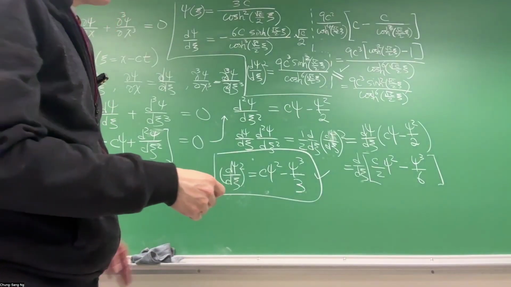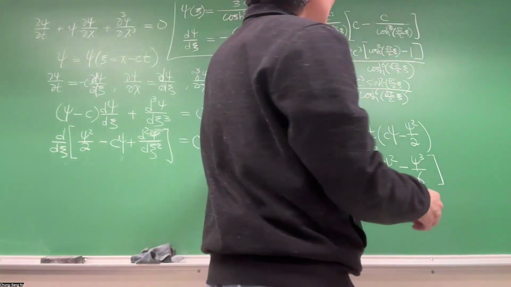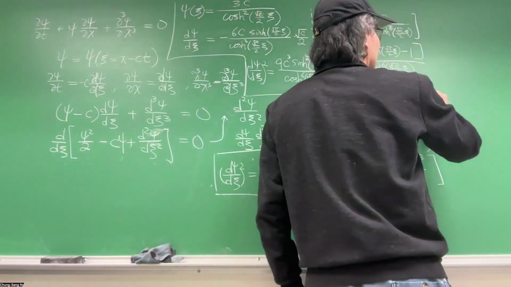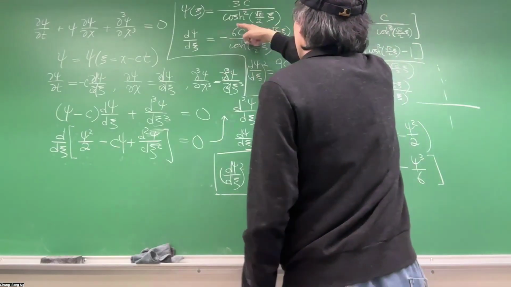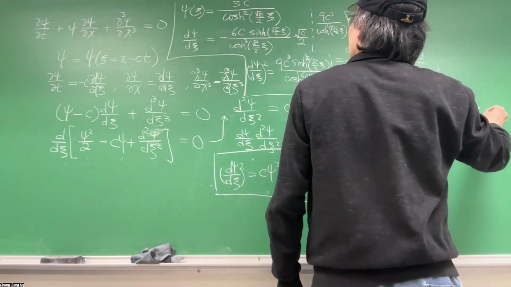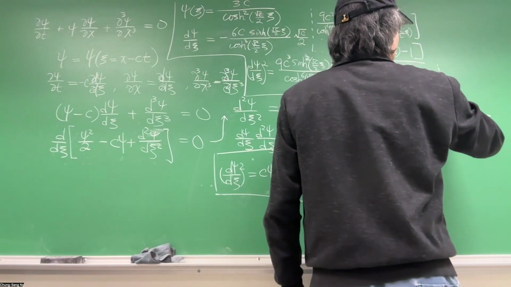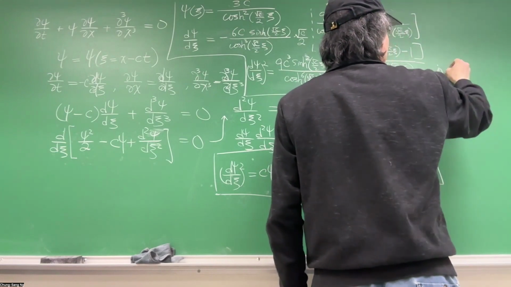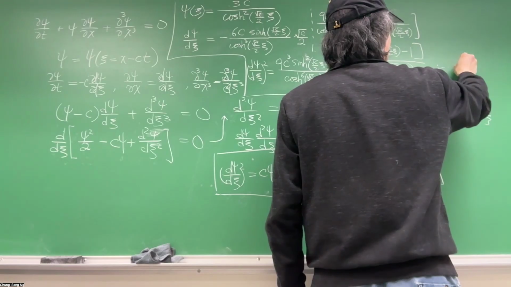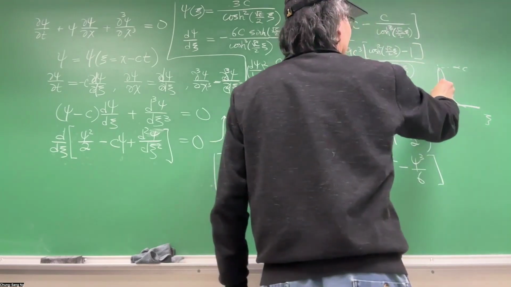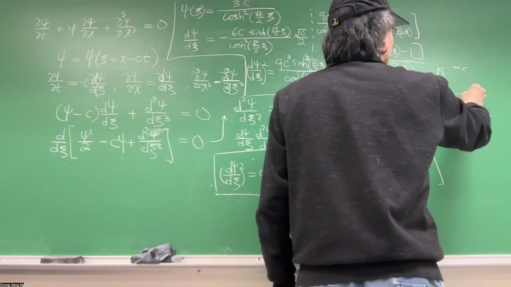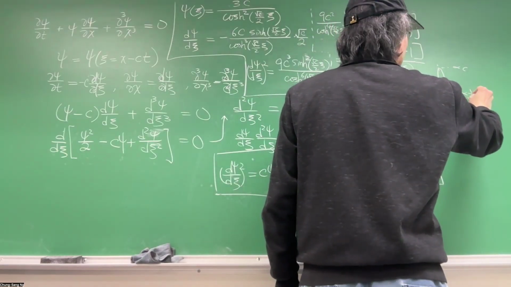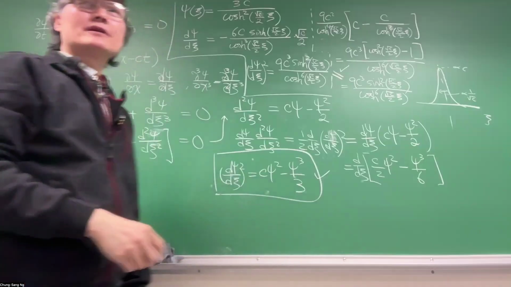So you plot this as a function of c, then the height will be proportional to c, and the width will be proportional to inverse of square root of c, right?